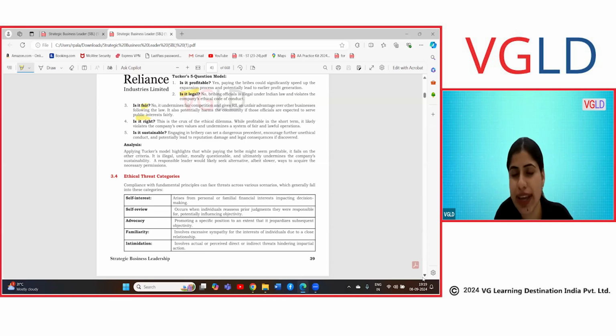Next is advocacy threat. That means I am in a position where I am representing my clients. And if I am representing my clients, that is going to harm other persons' decisions. Maybe based upon my name, they are investing in that specific company. Again, familiarity threat.